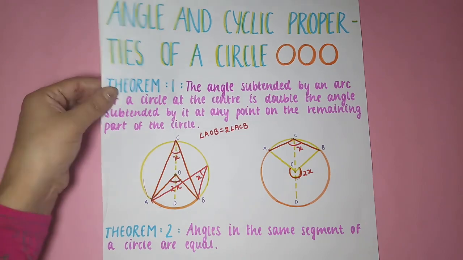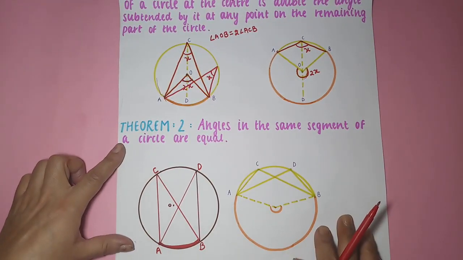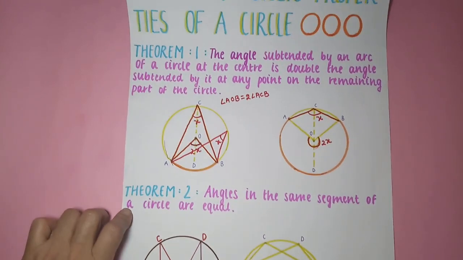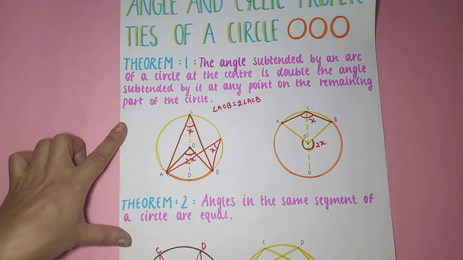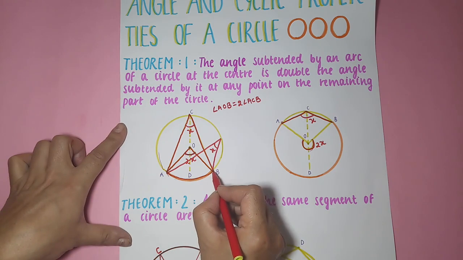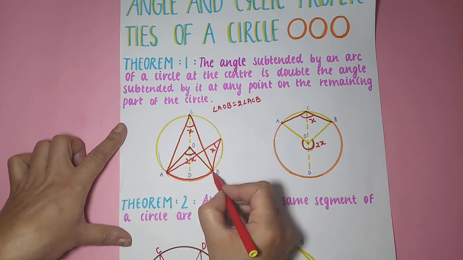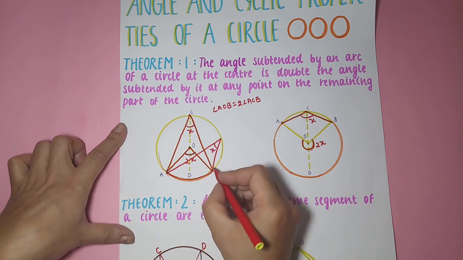Let's go to theorem 2. Now, if you look at theorem 1, this will help us to understand theorem 2 better. You saw that arc AB subtended this angle at the circumference. Arc AB also subtended this angle at the circumference.